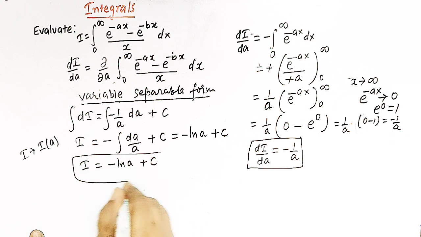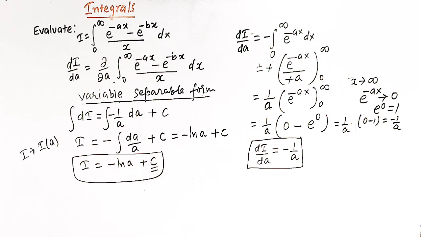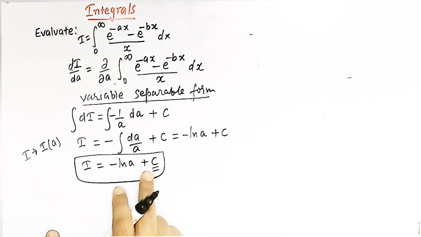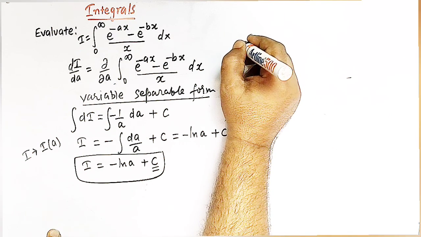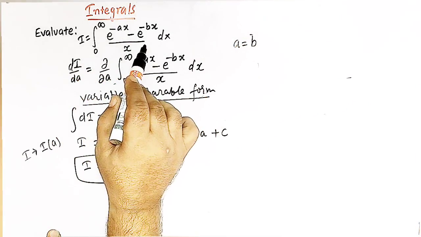So now our aim is to find out the value of c. So now this constant of integration c can easily be obtained by applying this condition, that is a is equal to b in this integral, right?